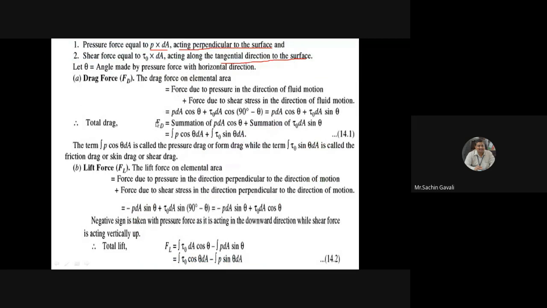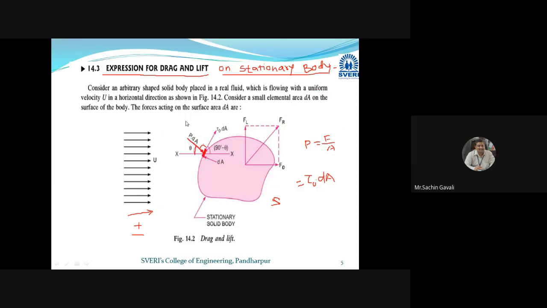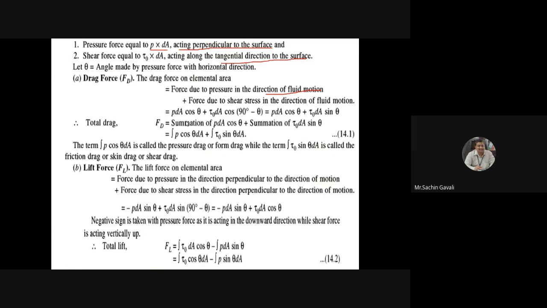The force due to pressure in the direction of fluid motion is PDA cos theta, already resolved. Plus tau naught dA cos 90 minus theta.